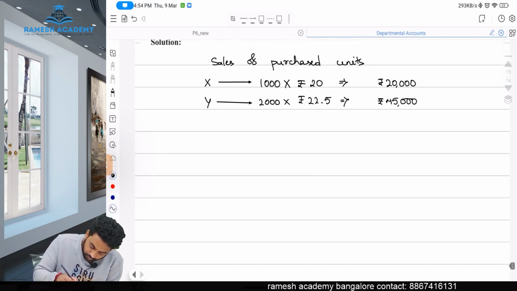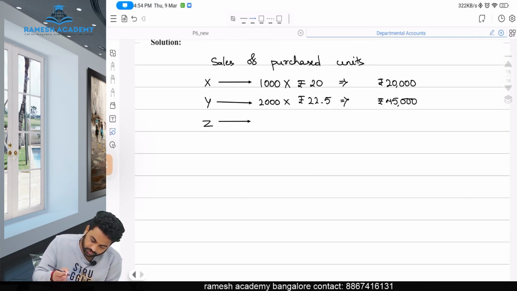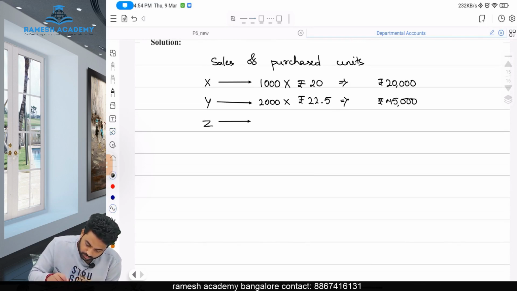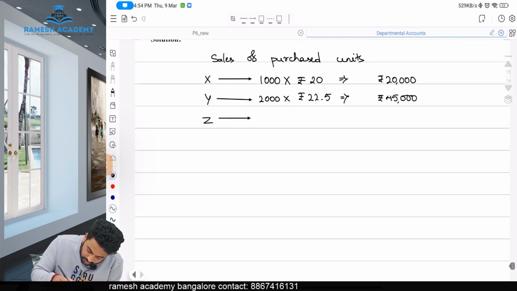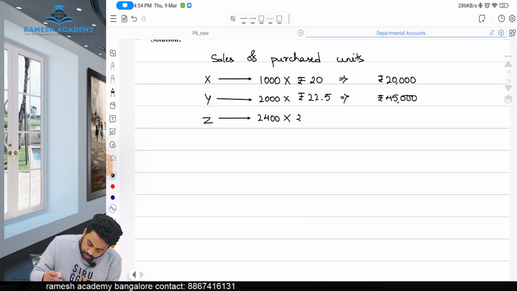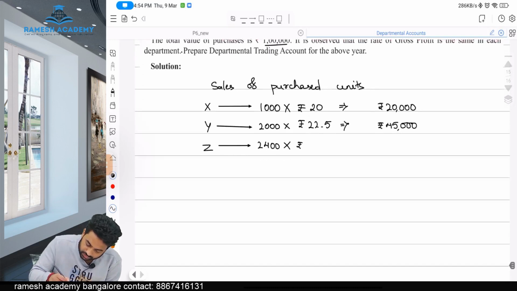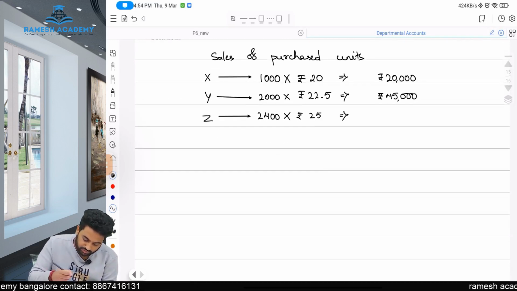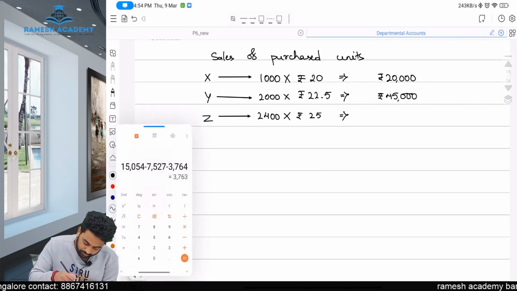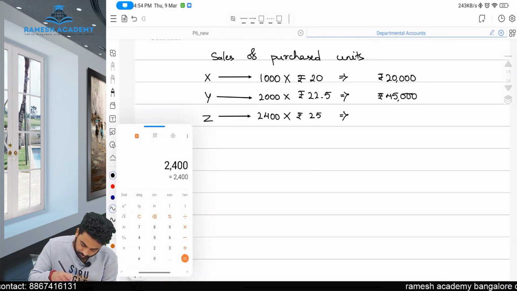Done. Z is there. How much would be the Z? 2400 is what we purchased, and per unit at what price we are going to sell? At the rate of 25. So 2400 into 25 is how much? It is 60,000.